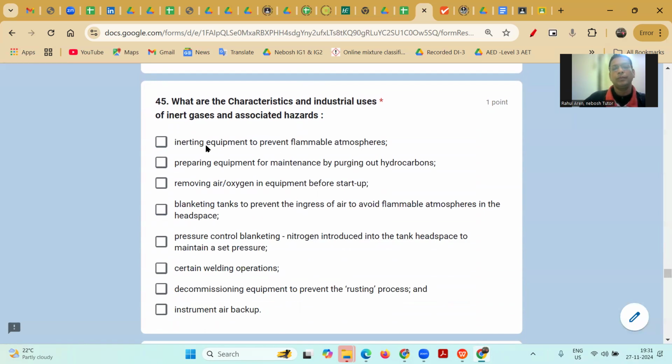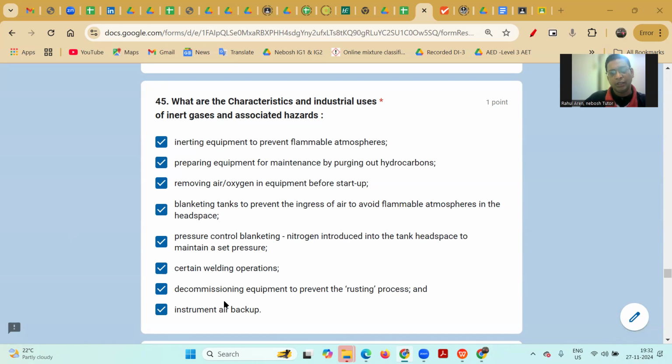Inert gases can be used to prevent a flammable atmosphere, preparing equipment for maintenance by purging out the hydrocarbon, and removing air or oxygen in the equipment before startup, blanketing tanks to prevent ingress of air to avoid a flammable atmosphere in the headspace, then pressure control blanketing, nitrogen introduced into the tank headspace to maintain pressure, then certain welding operations, then decommissioning equipment to prevent the rusting process, and instrument air backup will be there. So all the options are correct.